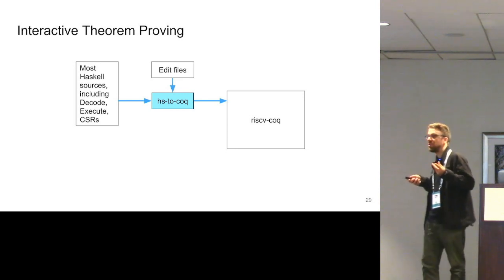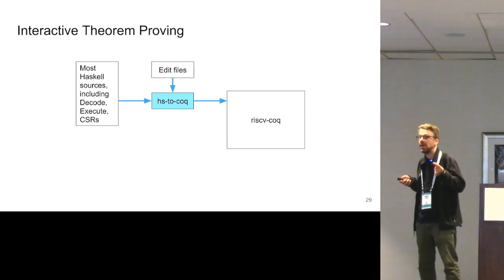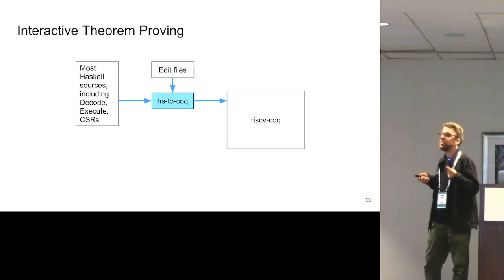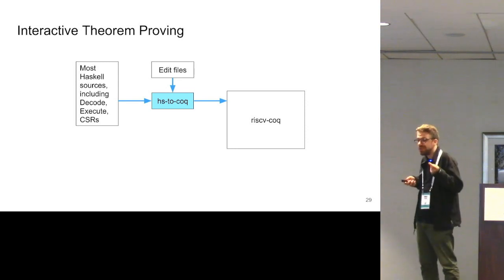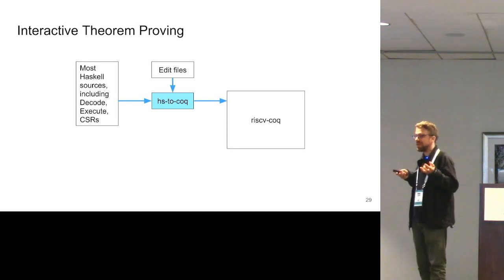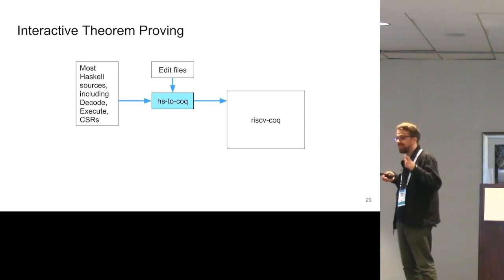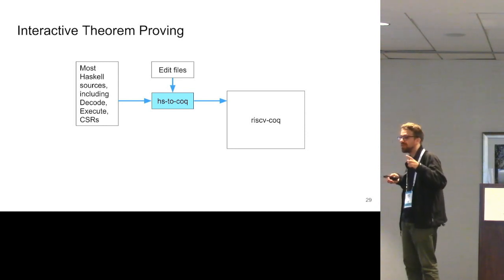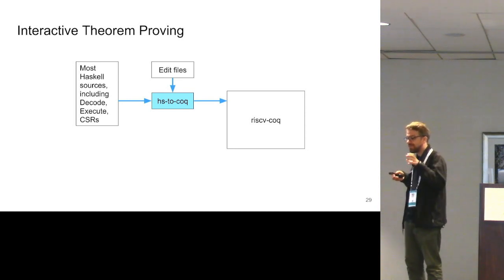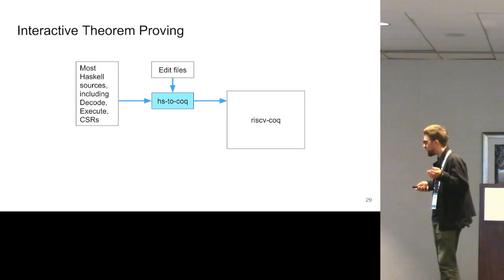For instance, for the machine int, which is a 64-bit integer in Haskell, we chose that in Coq it would be more convenient to use unbounded Z, because that's a very easy to use data type in Coq. And since we know that in the specification in Haskell we don't rely on any wrapping, but properly masked all the uses, this is actually semantics preserving.